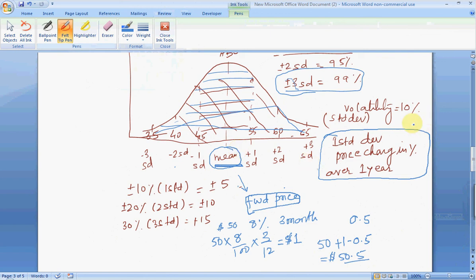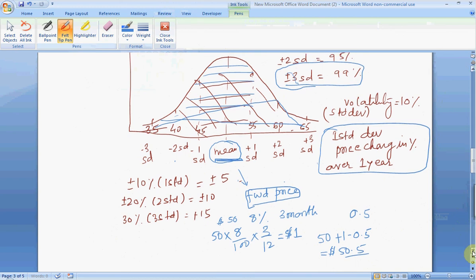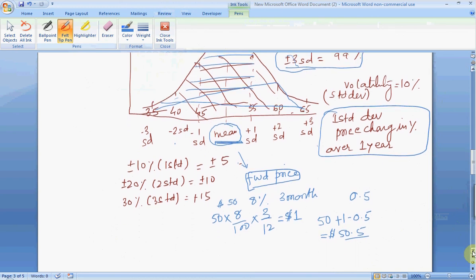Another thing I'll talk about is that everything in terms of price fluctuation of an underlying can be expressed in terms of the normal distribution. That is not true in the real world.